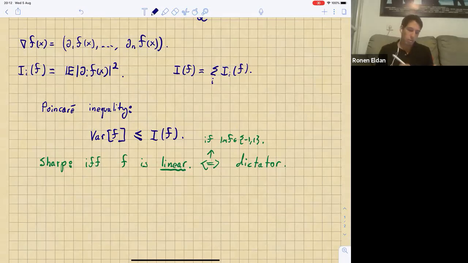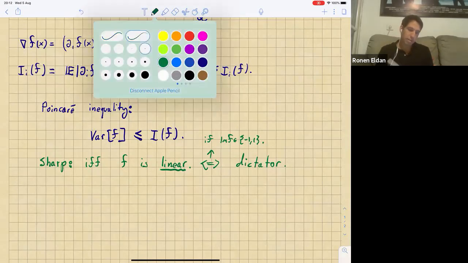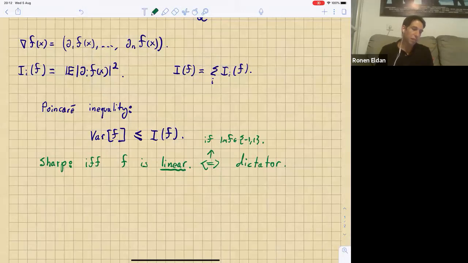So first of all, let's notice that it's far from sharp for the case that f is the majority function.